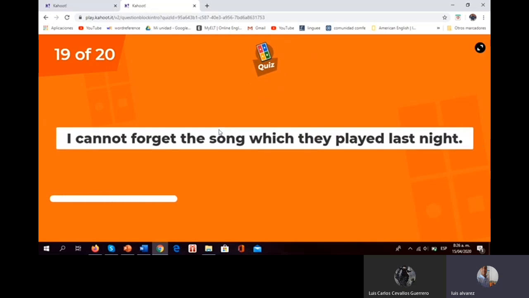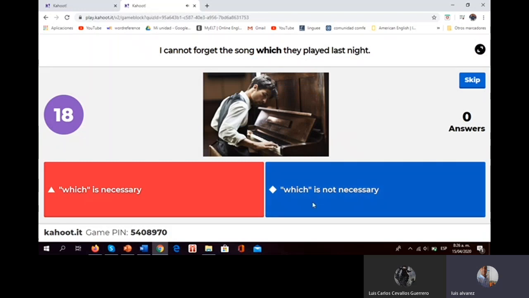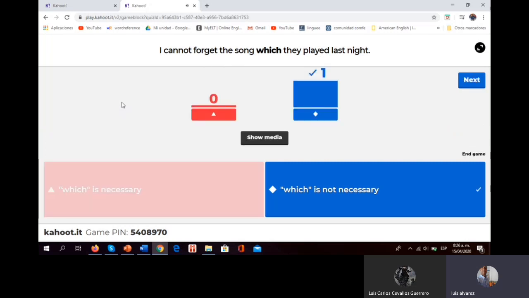And 19 out of 20, I can't forget the song which they played last night. Which is not necessary, which is necessary. Alright, which is not necessary. I cannot forget the song they played last night. Or which, if you want to include it.